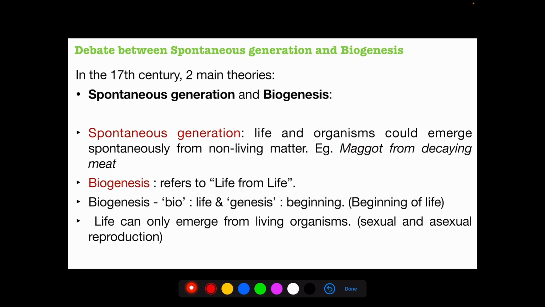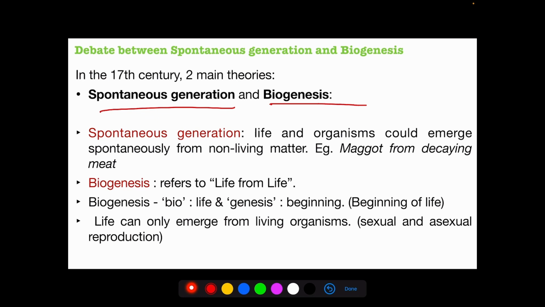And so in the 17th century, two main theories were entertained. The first theory being spontaneous generation, and the second being biogenesis. Now, spontaneous generation is an absolute theory that states that living organisms can originate from inanimate objects.